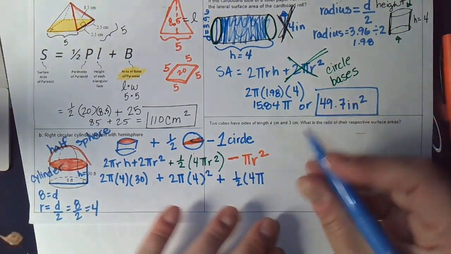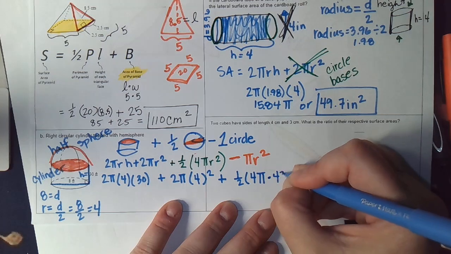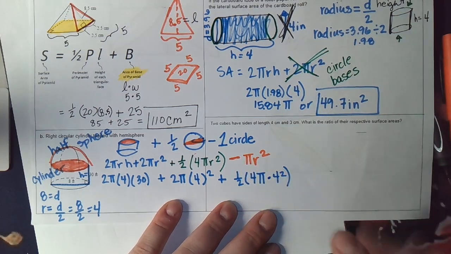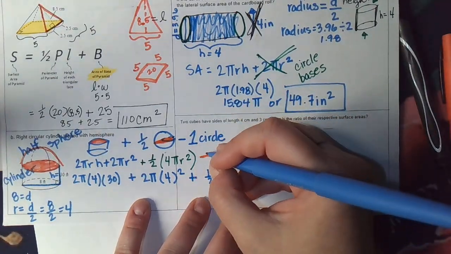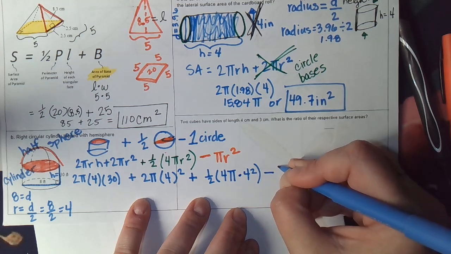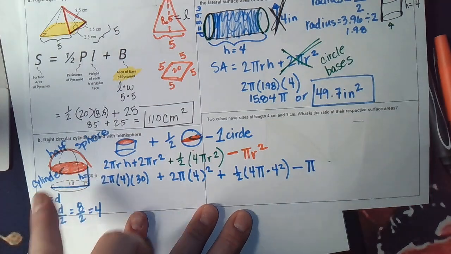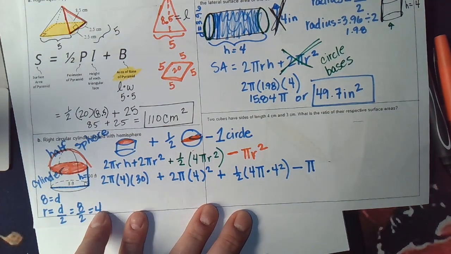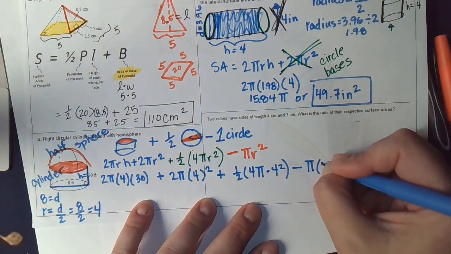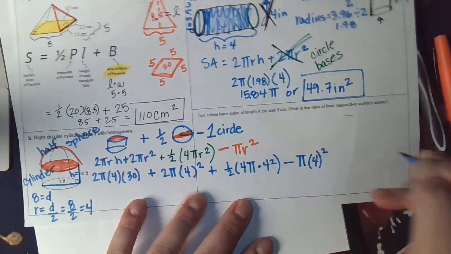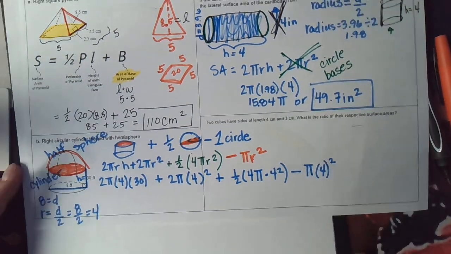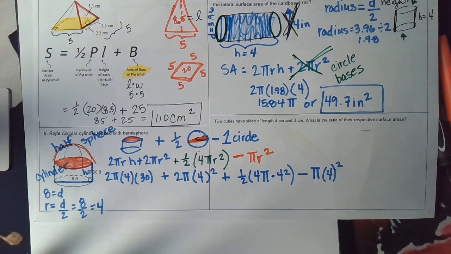Our r is 4. Oh goodness, this is getting crazy. I'm all the way into the next problem. Okay, minus pi r squared. My r is 4. Whew, okay. Let's do our business with the numbers, but leave the pi symbol there just for a minute.